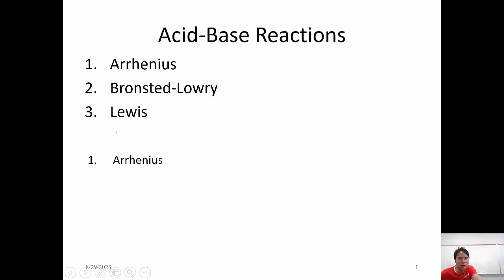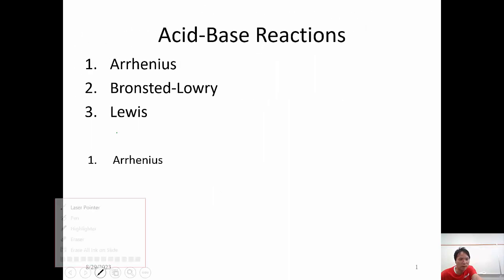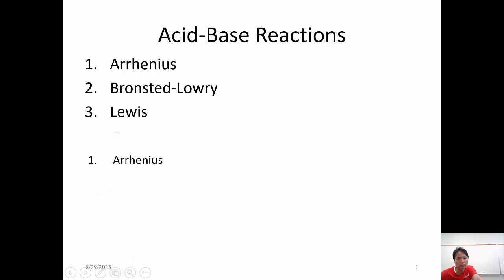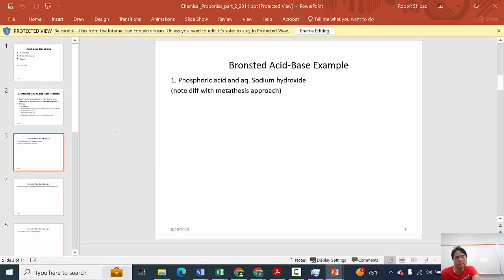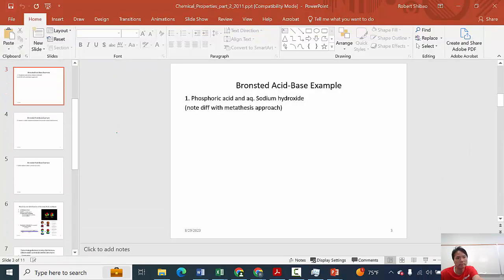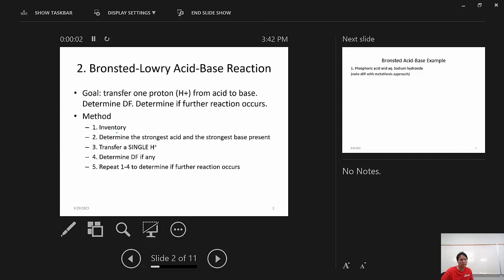Actually, which one is the most general definition of an acid and a base? Lewis.